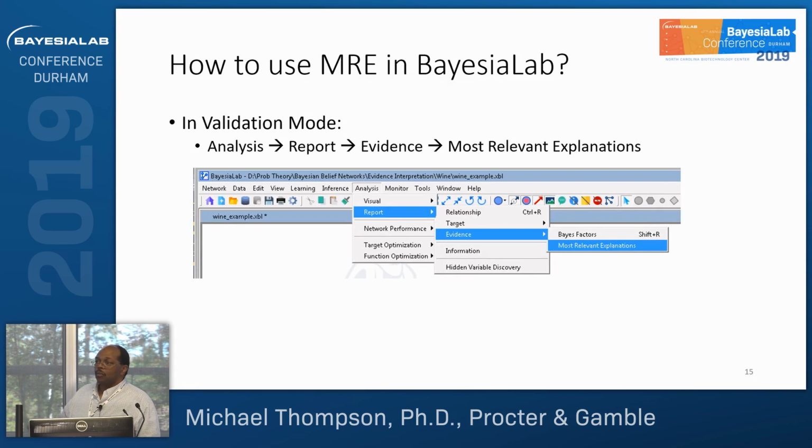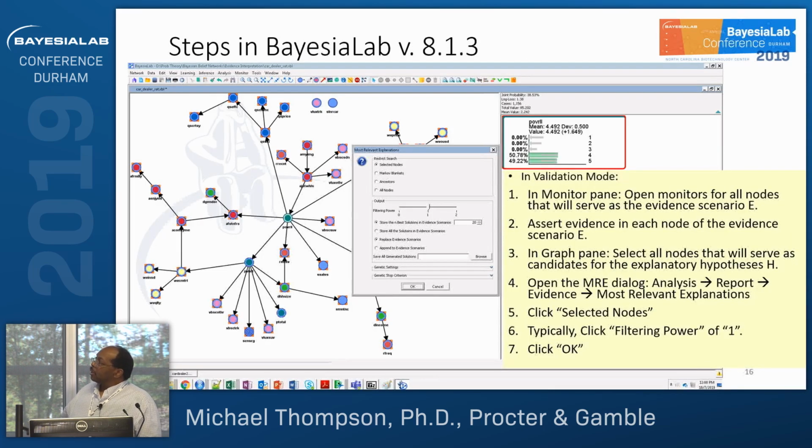So I'll just quickly go through the steps of how this is done in BayesiaLab. The feature itself, at least in version 8.1.3, appears under Visual Report, Evidence, Most Relevant Explanation. When you get into BayesiaLab in validation mode, the first thing you need to do is assert the evidence that you're performing the analysis with.